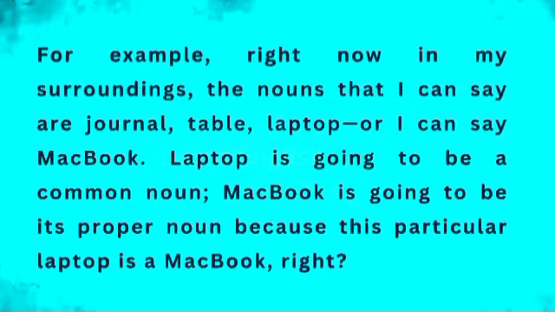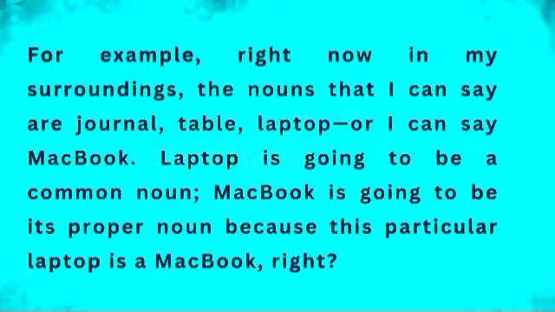Laptop is going to be a common noun. MacBook is its proper noun because this particular laptop is a MacBook, right? Okay, I can say camera. I can say microphone. I'm having a microphone here.